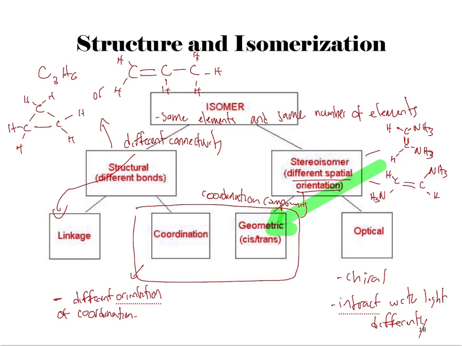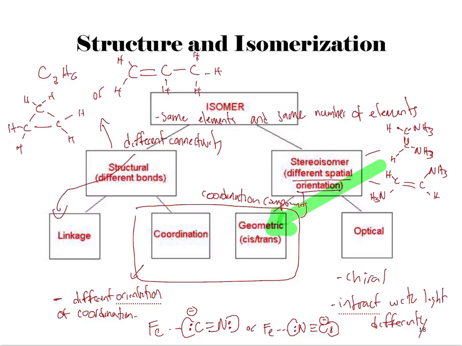So if we have an iron atom, it can coordinate with the cyano group, right, this way, or it can coordinate with it this way, right?